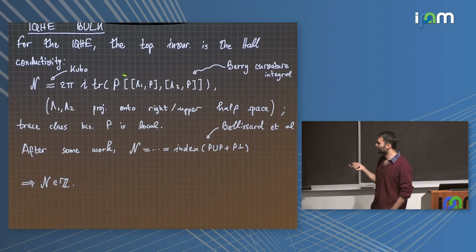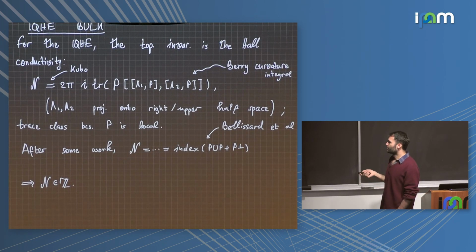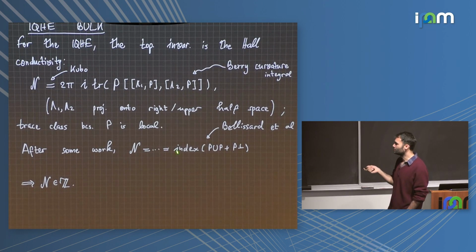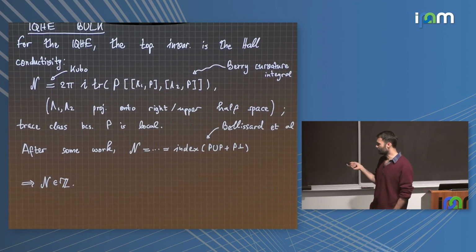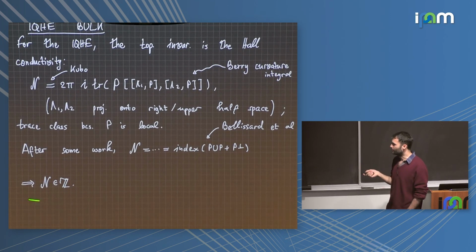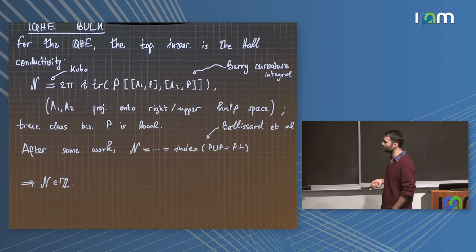And again, in K space, this would be derivative with respect to K1 and K2. So you sort of see the shadow of this Berry curvature. And after some work, you can see that this formula, which is not manifestly an integer, is equal to the Fredholm index of PUP plus P-perp. So this was first described by Jean Bellissard and collaborators some decades ago. And so it is manifestly an integer.